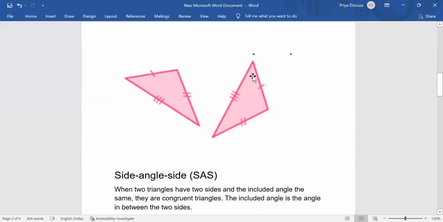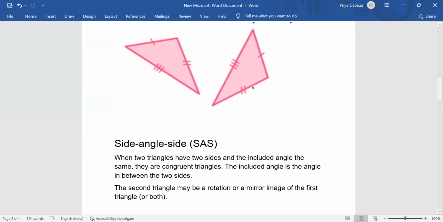Just to give you an example, triangle CAT and triangle DOG. If I say the two triangles are congruent, it's because the three sides of the first triangle CAT are equal to the three sides of the other triangle, DOG.